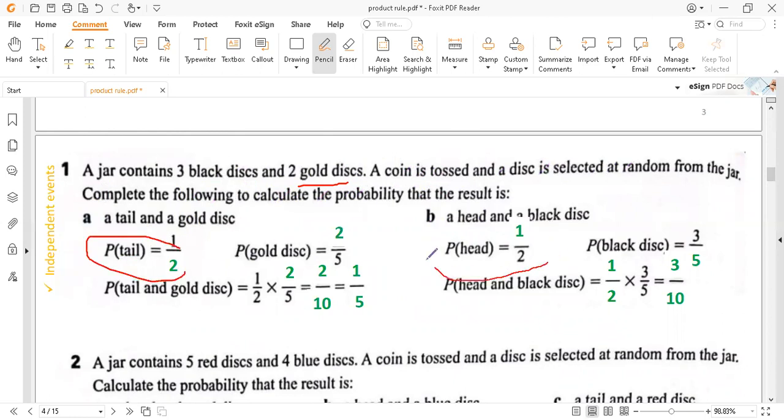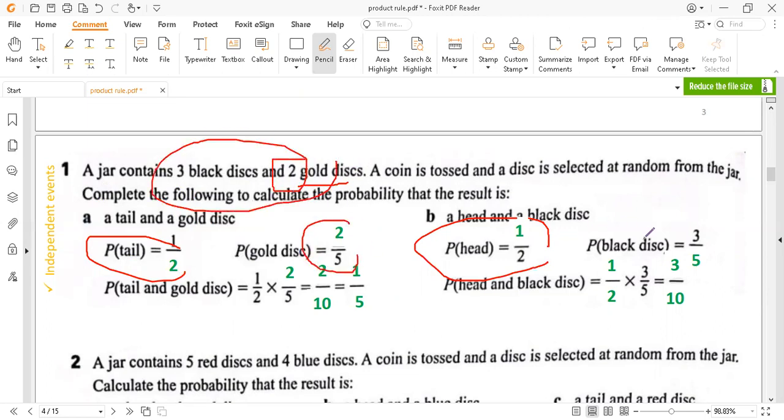Because we have 2 gold discs, the probability of obtaining a gold disc is 2 from 5. For the black disc, we have 3 in total, so it is more likely to obtain a black disc than a gold disc because there are more of them in the jar. So 3/5, 3 over the total of discs in the jar.